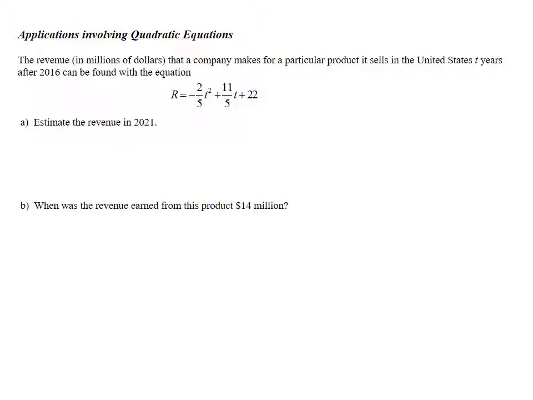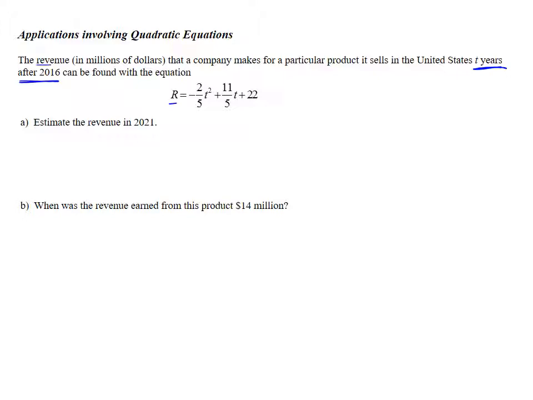There are two variables in this formula. There is r and there's t. T is defined in the problem as the years after 2016. So we've got years involved using the variable t. R isn't really defined in the sentence directly, but it is defined by what this equation is said to calculate.